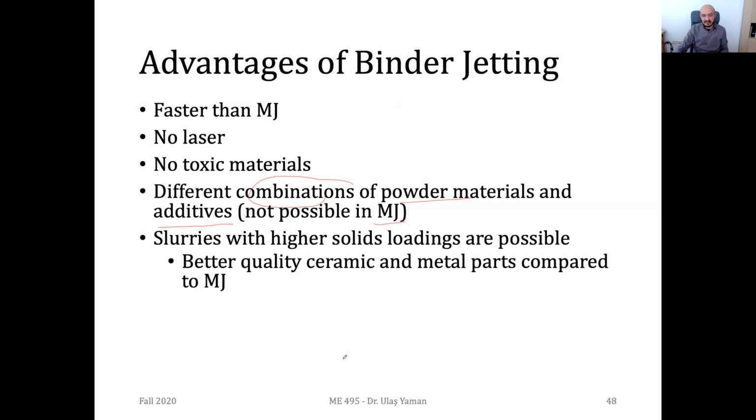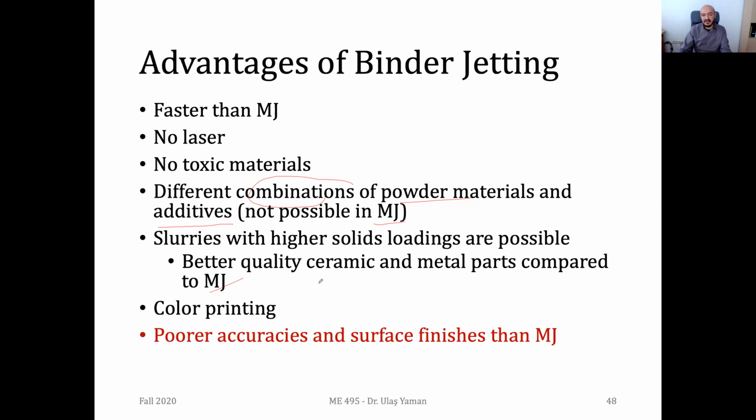And for binder jetting, we may produce ceramic parts and metal parts. They are produced in a higher quality compared to material jetting, since we are not heating the nozzle to very high temperatures. We are simply jetting the binder material. We can easily have color printing, and it can be done by jetting colorful agents on the table.